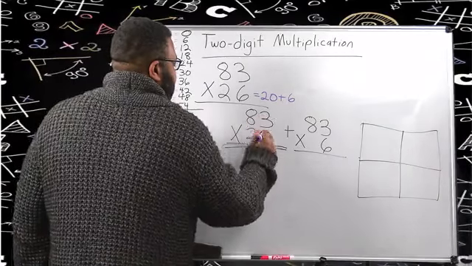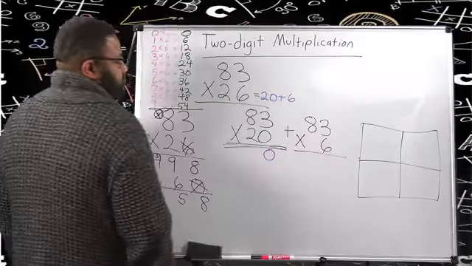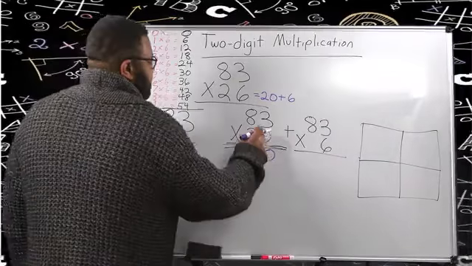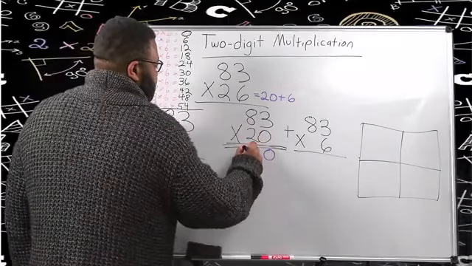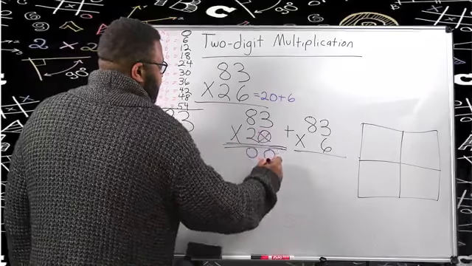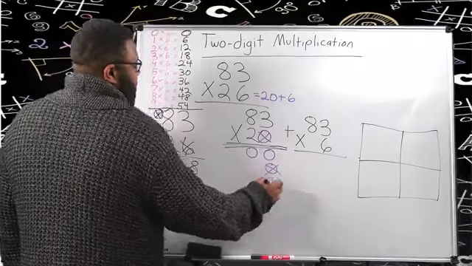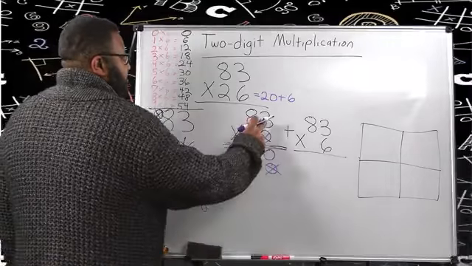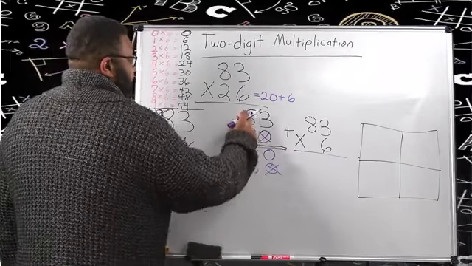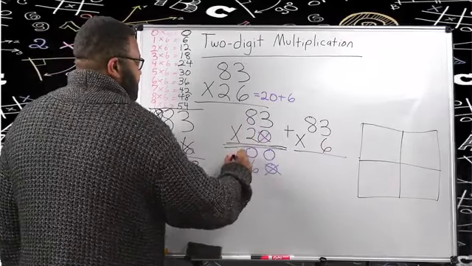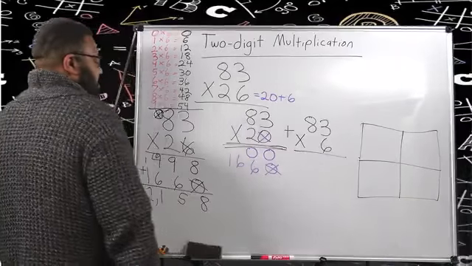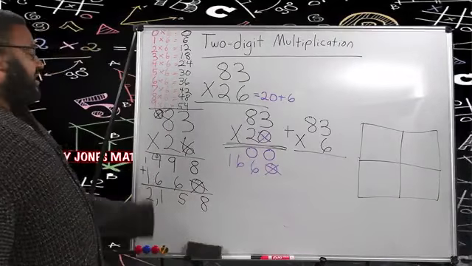That's all I'm doing. So what I'm going to do right now is I can go here. 0 times 3 is 0. 0 times 8 is 0. I cross this out here, put a placeholder here. 2 times 3 is 6. 8 times 2 is 16. Mr. Jones, that looks like it was over there. Correct.